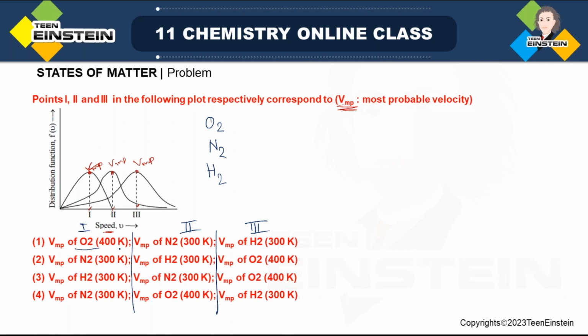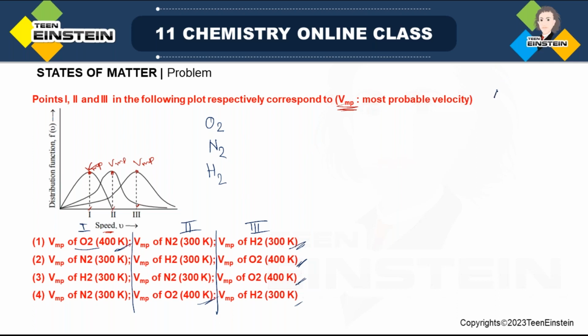Now for oxygen, it is always 400 mentioned in the bracket. And for hydrogen, it is always 300. For nitrogen also it is 300. That means for nitrogen and hydrogen, the temperature is 300, but for oxygen, it is 400. Different, right? Now, most probable velocity, what is the formula?